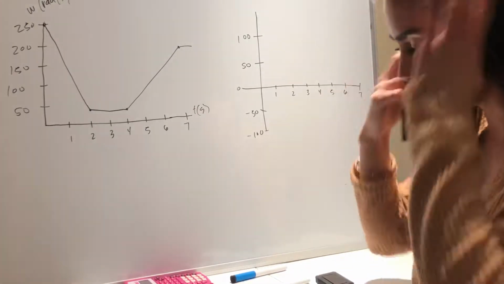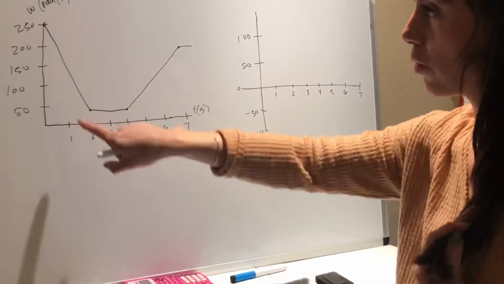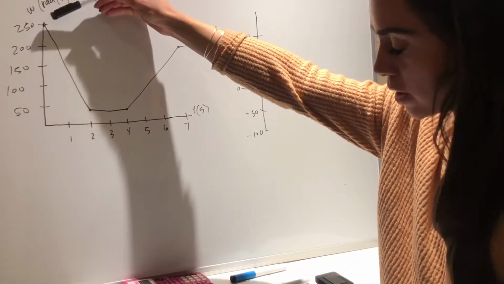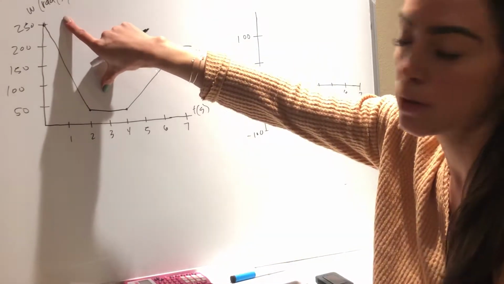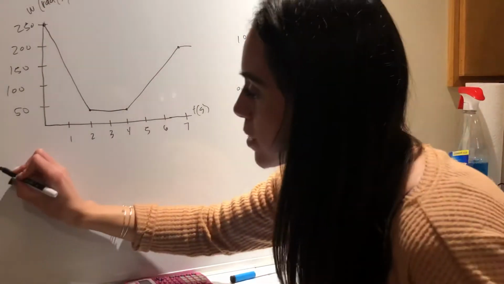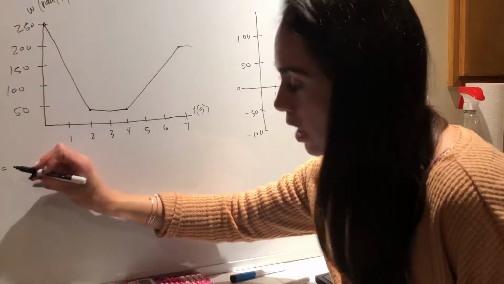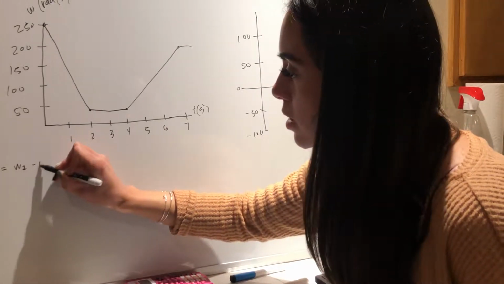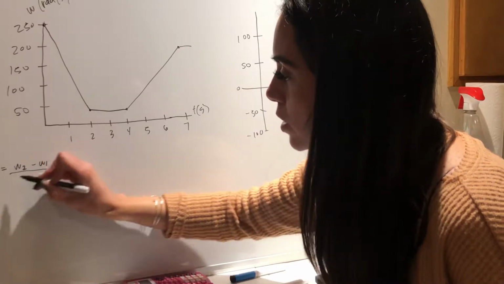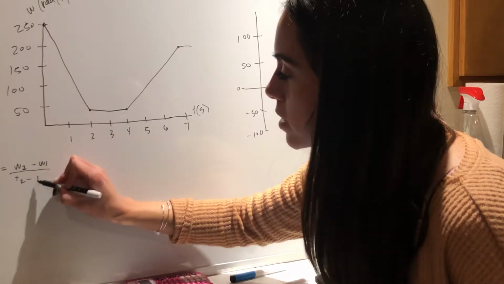Okay, so to figure this out, we just need to go from here. So from 0 to 2, we can see that a is negative. How we solve for a is W2 minus W1 over T2 minus T1.